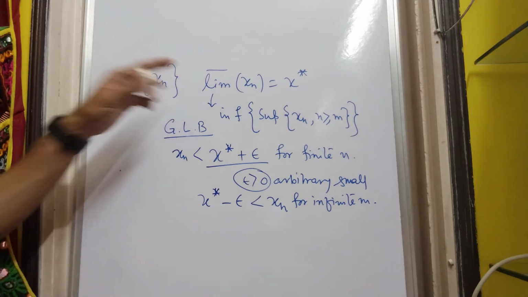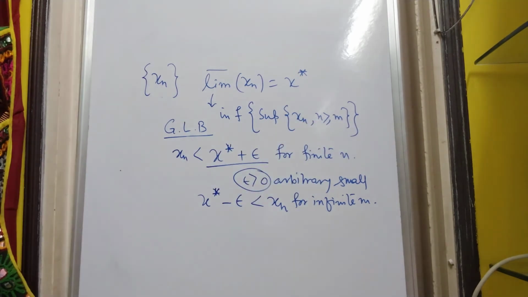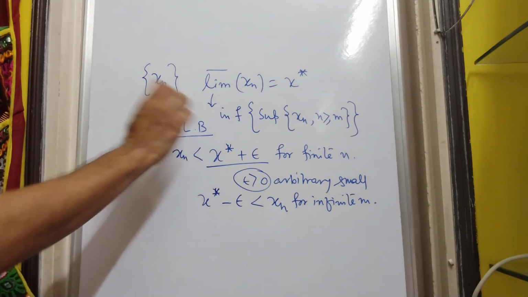Thus we define limit superior as the infimum of the supremum of the xn's where n is greater or equal to m. They are equivalent.